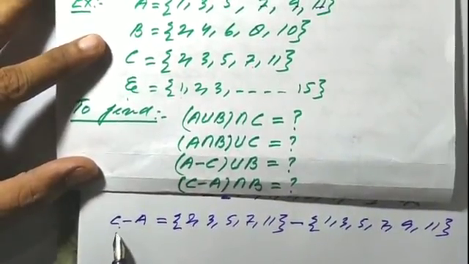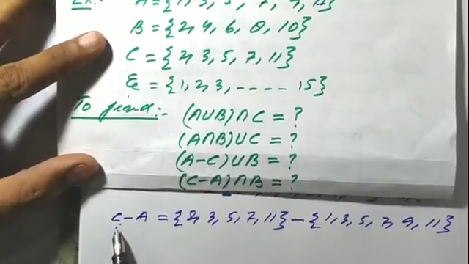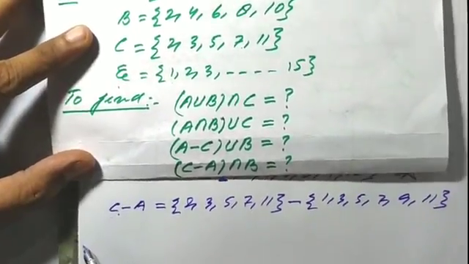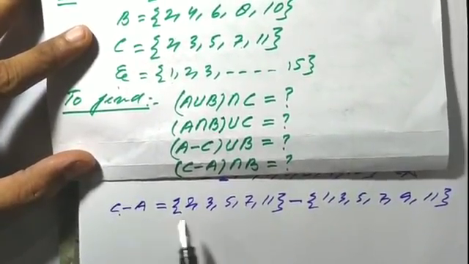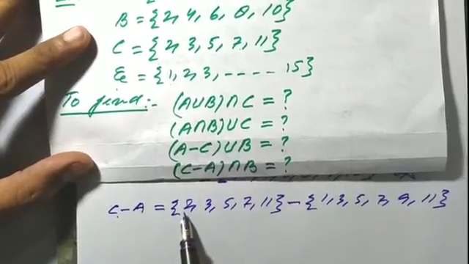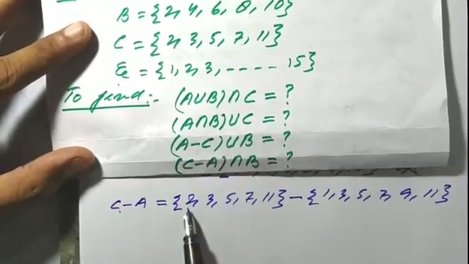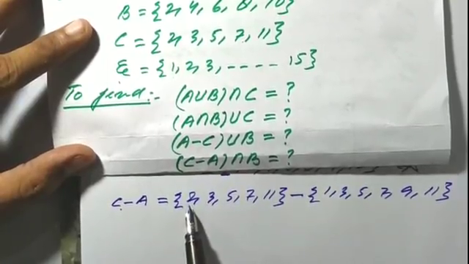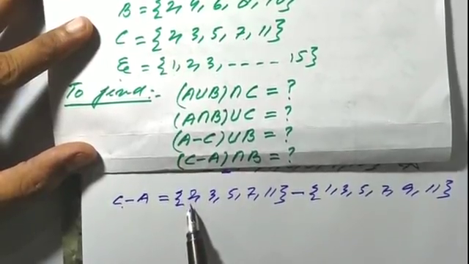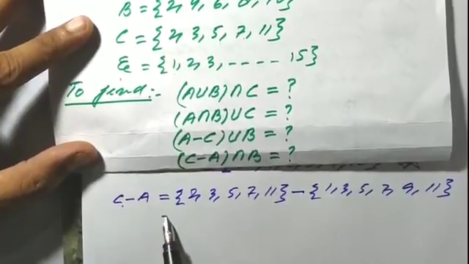Now C minus A is the set which contains all the elements of C which are not in A. So we have to check every element of C one by one whether it is contained by the set A or not. If it is contained by A, we have to exclude, and if it is not contained by A, we have to include.